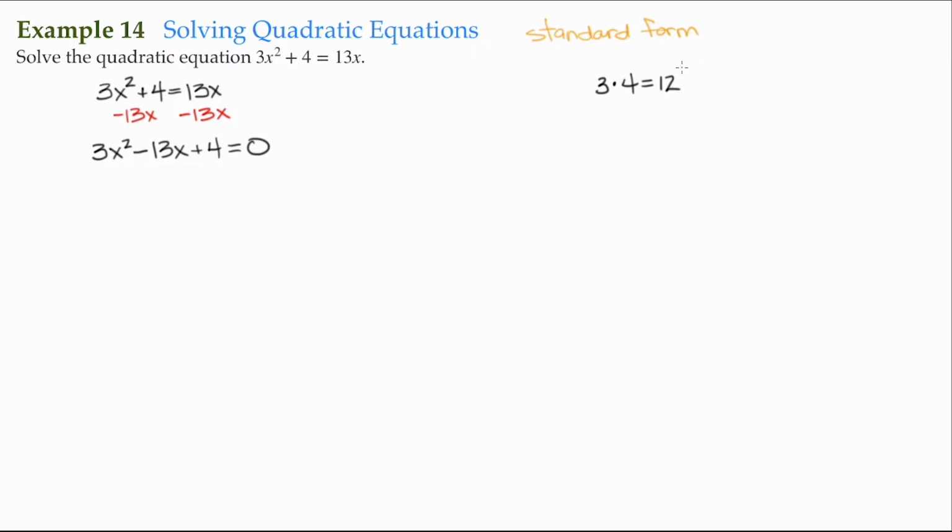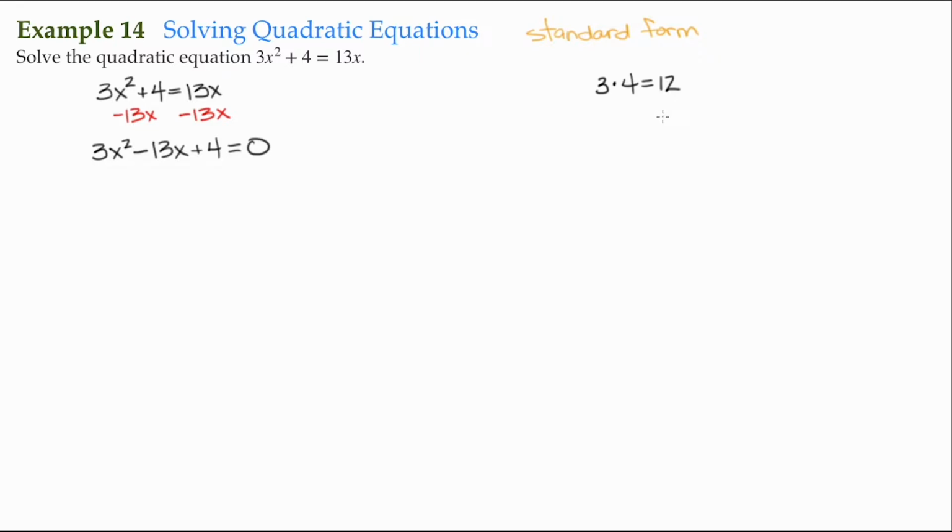Now keep in mind that we have a middle coefficient here that's negative. So what we have to do is come up with two values that when we multiply them together give us a positive 12, but when we add them together will give us a negative 13. Now there's two ways we can multiply two values together to come up with a positive result. That's if they're both positive or they're both negative.